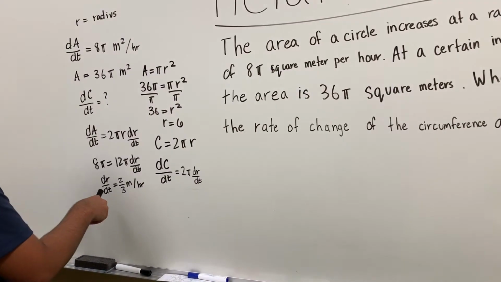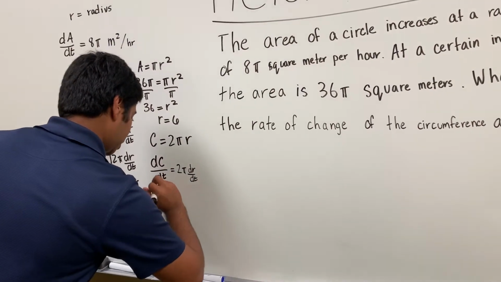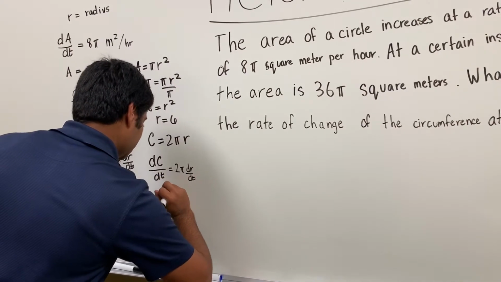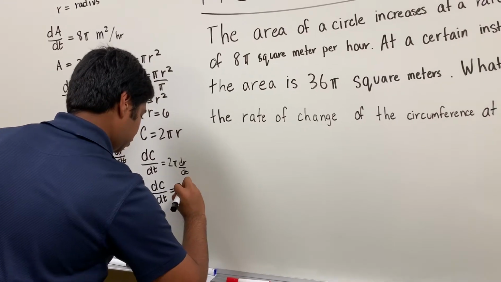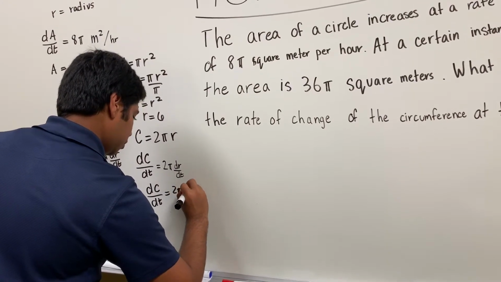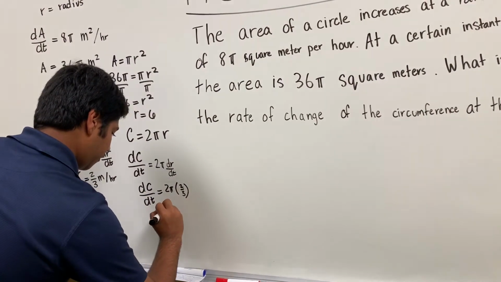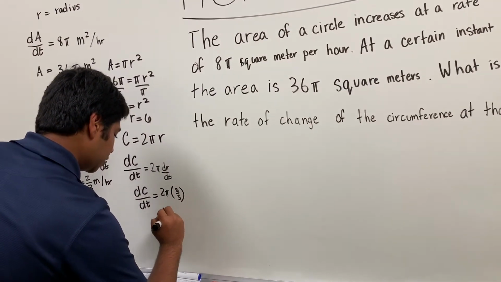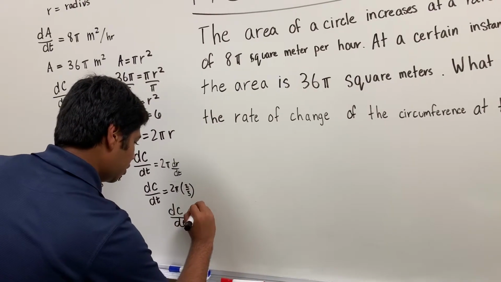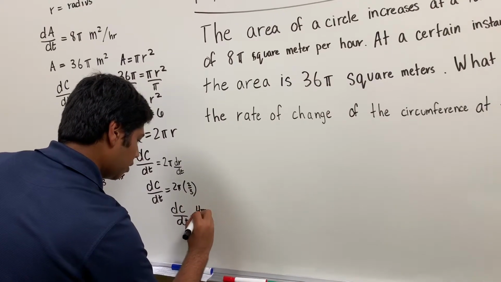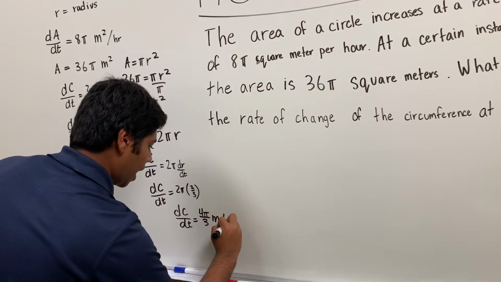Since we know what dr over dt is, we can plug that into the formula. And using this method, we have found that the derivative of the circumference with respect to time equals 4 pi over 3 meters per hour.